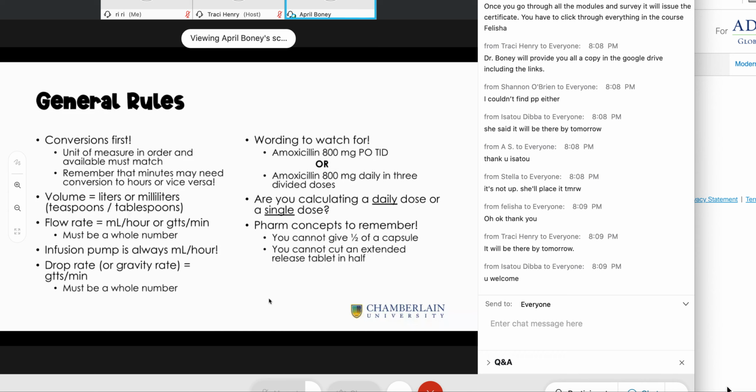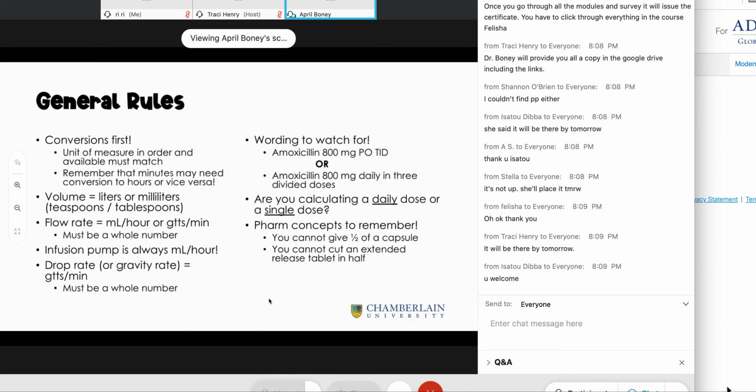In one, you're giving 800 milligrams every time you give it. In the other, you're taking your 800, dividing it by 3, and that's what you're giving per dose. So really watch daily versus dose. Are you calculating a daily or a single dose?